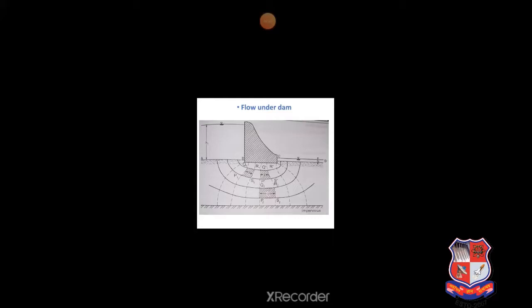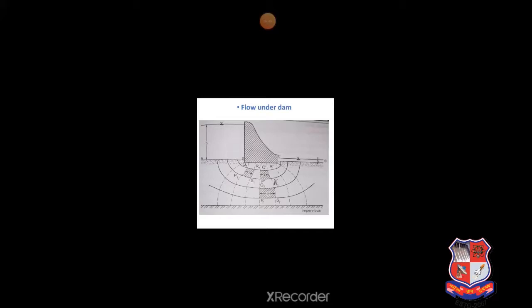Now we will discuss some characteristics of FlowNet using this figure. Number 1. Flow lines and equipotential lines in a FlowNet intersect at right angles. Number 2. All fields formed by equipotential lines and flow lines are approximately square. You can see the squares in this figure.